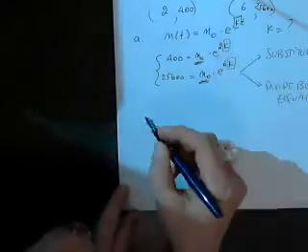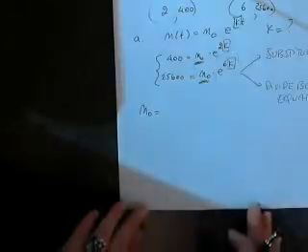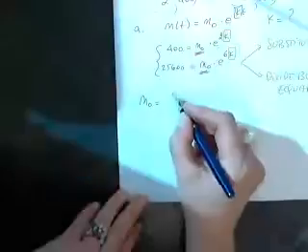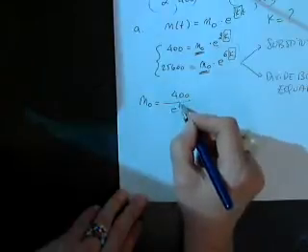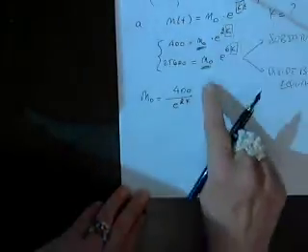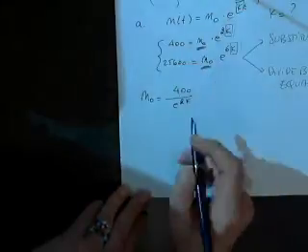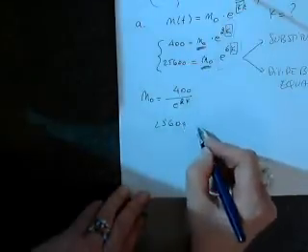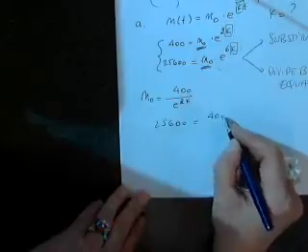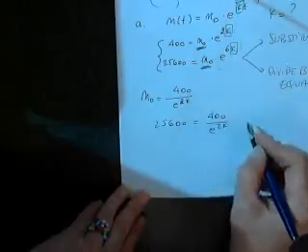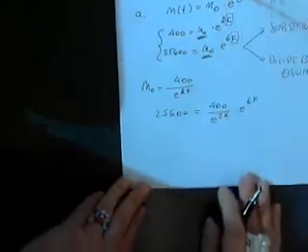I will solve the first equation for N0. Can anyone give us N0 from the first equation? N0 equals 400 over e to 2k. Good. So I'm going to replace it in the second equation. So I have 25,600 equals 400 over e to 2k times e to 6k.